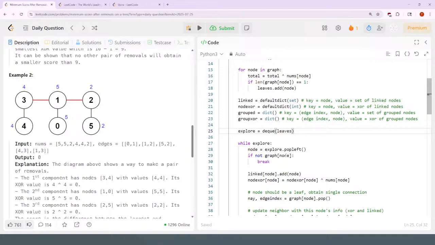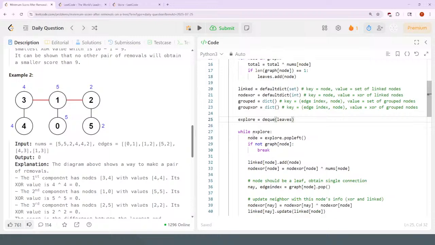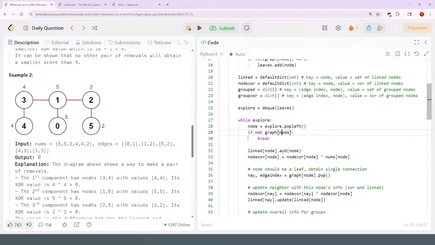So they become a leaf node themselves, and they get added to the queue. So while there is a node to process, the node is popped from the left side. There could be a possibility that this node is the last node standing, in which case just break because everything has been processed for it already.